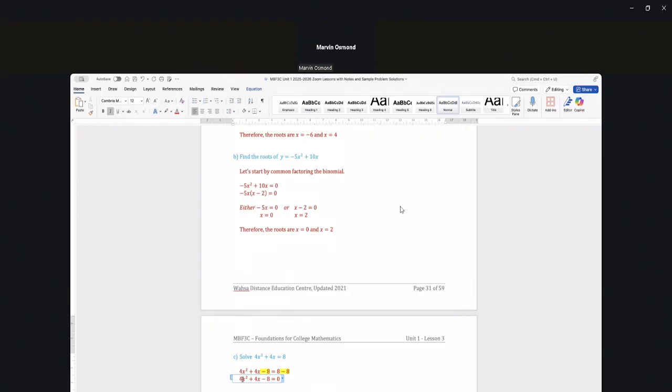So what we need to do is common factor the 4. So I'm going to put that in a bracket over here. So now common factor 4.